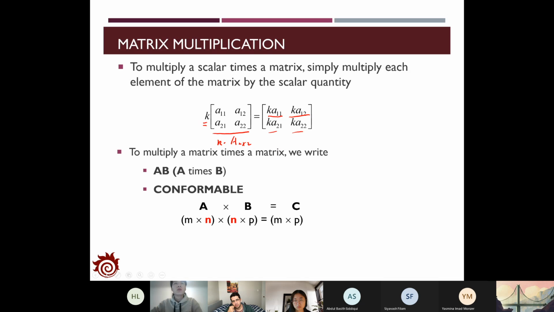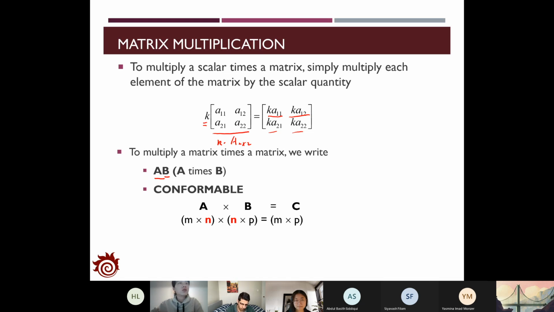But if you are working with two matrices, say matrix A and matrix B, then we must make sure that the dimensions of A and B match each other, which we call the conformable rule.